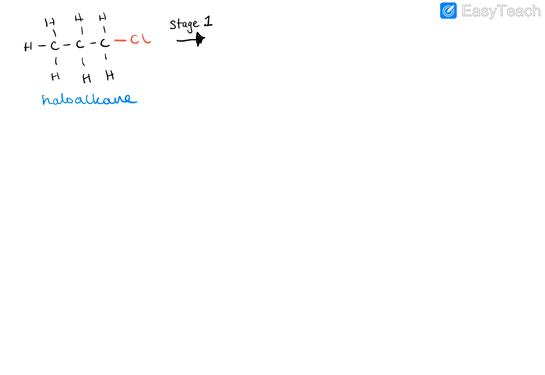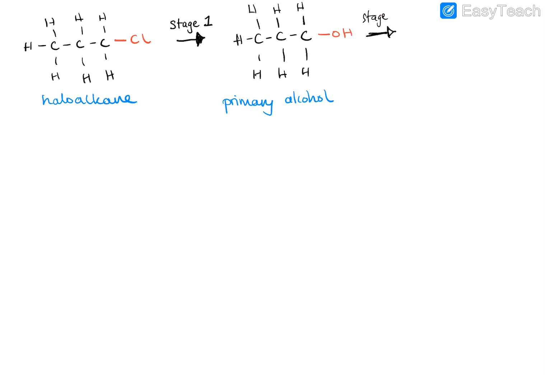We've also identified your intermediate as a primary alcohol. Remember, we did that in step 2. And we also know our target molecule, which is made in stage 2. And that is an aldehyde.